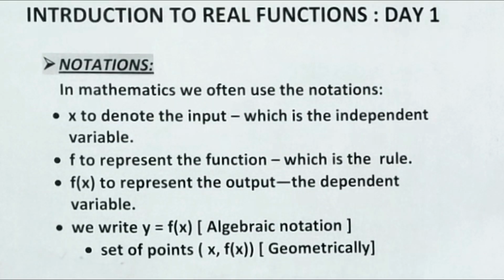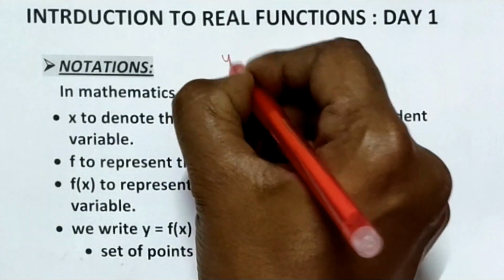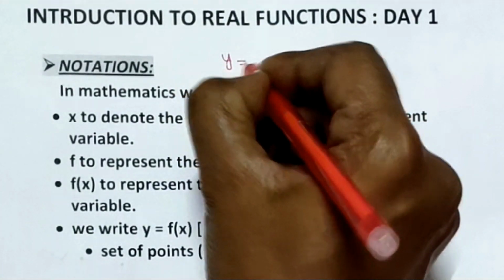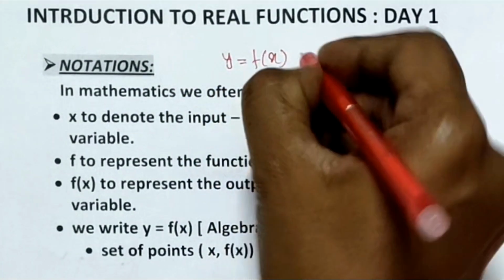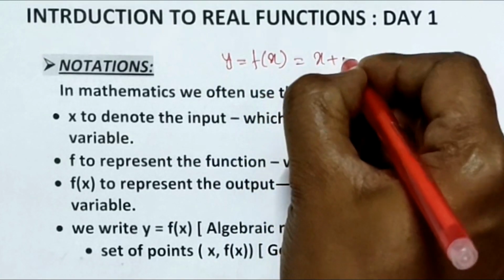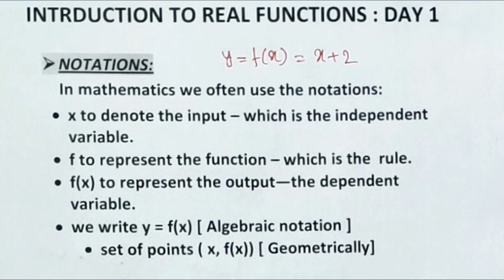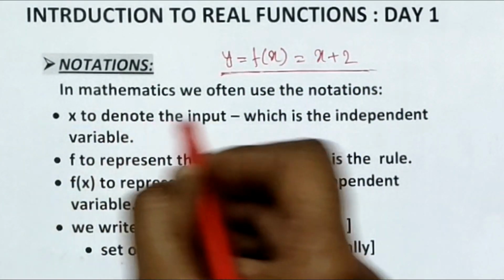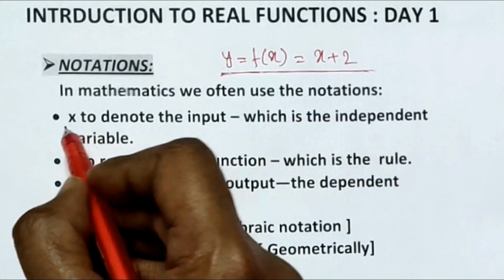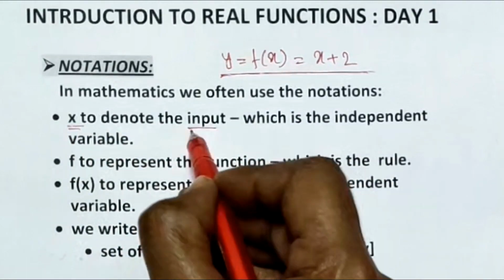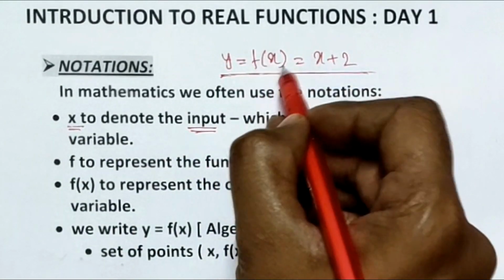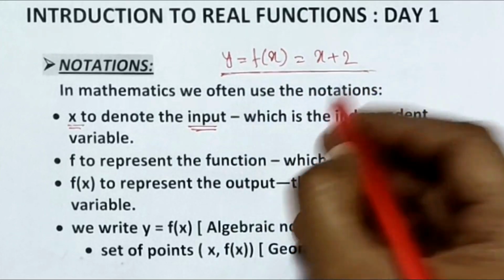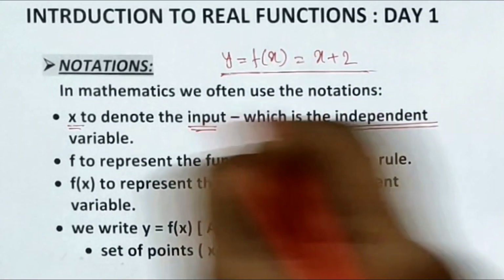In your lower classes, you may often write a function like y equals f(x) equals something, say x plus 2. These are also algebraic expressions, right? In mathematics, we often use the notation x to denote the input. We have to take x as input, which is the independent variable.